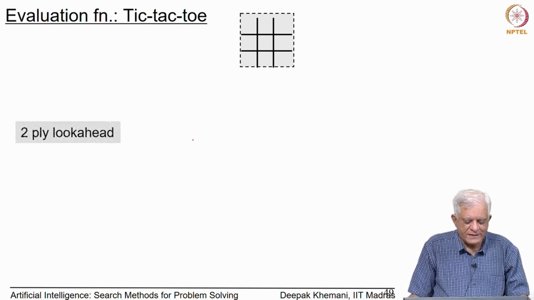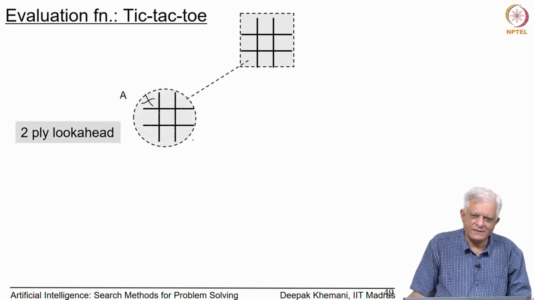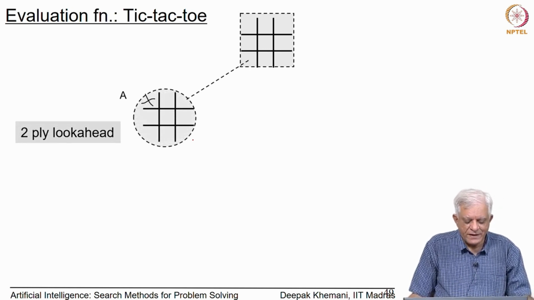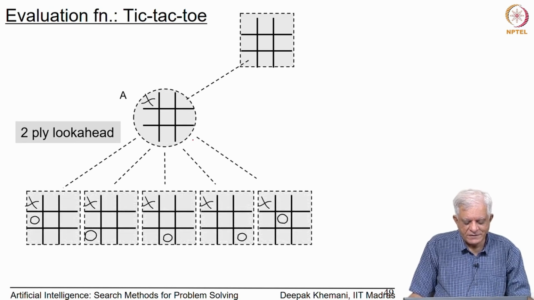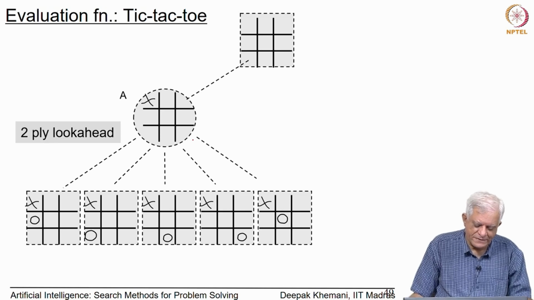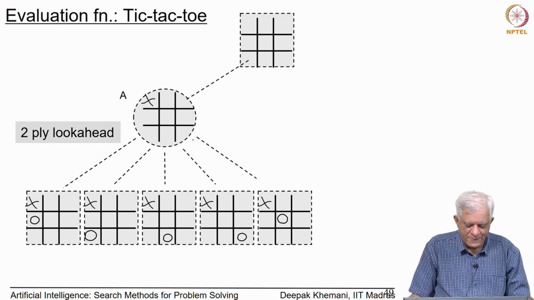Let us assume that max is doing a 2 ply look ahead, which means that max is looking ahead 2 moves. First max considers whether to put a cross at the corner of the board, and that is the first move that max is considering. Then for this move, it considers all possible moves that min can make.